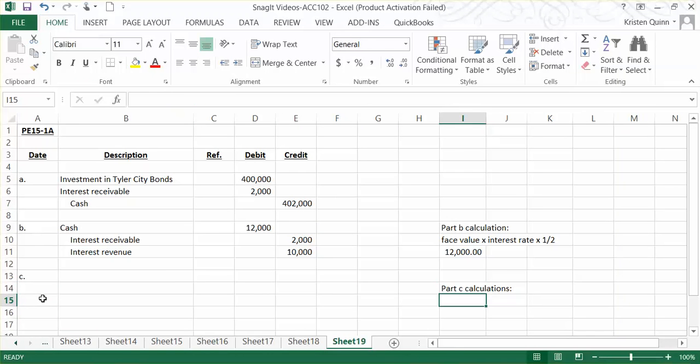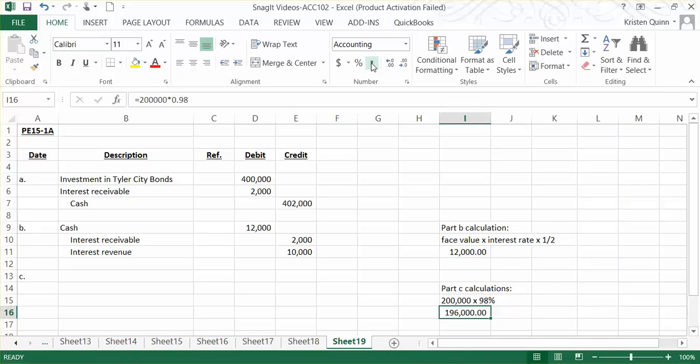They're telling us that we're selling $200,000 worth of the bonds, and we're selling them at 98, meaning we're selling them at 98% of that face value. So in fact, we are selling these bonds for $196,000.